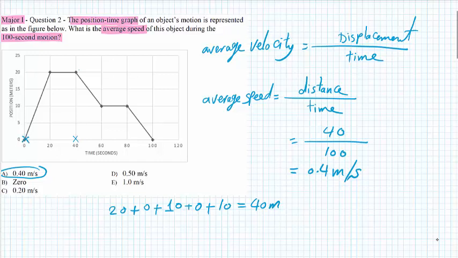I started from this point at 0 and ended at this point at 100. So the displacement here will be the final position, which is 0, minus the initial position, which is also 0. So 0 minus 0 gives you 0, over the time, which is 100. It gives you 0 meter per second. So the average velocity in this case is 0 meter per second.